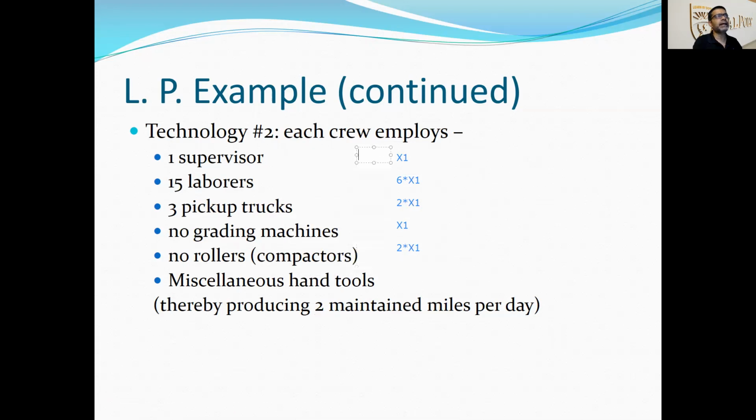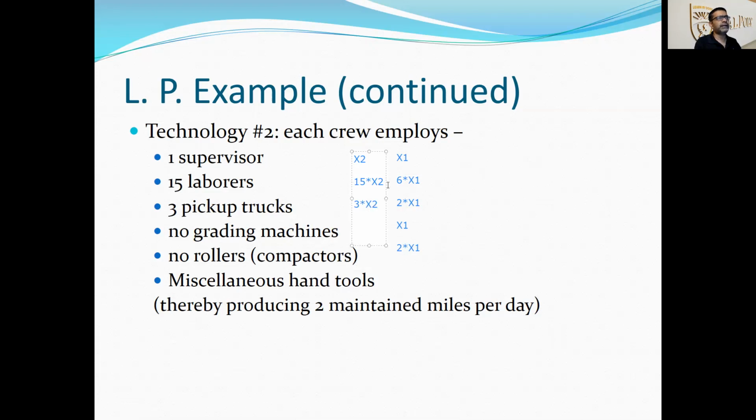Supervisors will be simply X2. 15 laborers, so laborers used will be 15 times X2, because remember, we're talking about technology 2 now. 3 pickup trucks, 3 times X2.